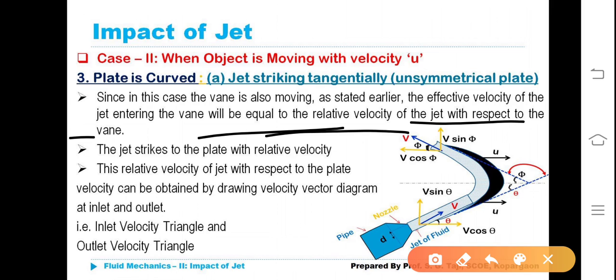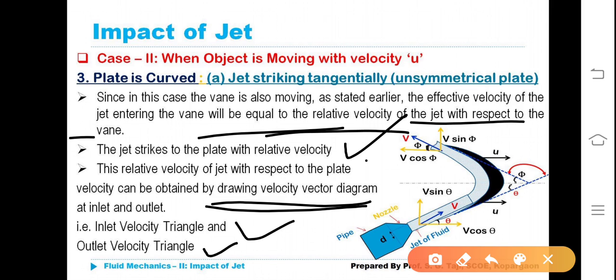The jet strikes the plate with relative velocity. This effective velocity can be obtained by drawing the velocity vector diagram at inlet and outlet, that is the inlet velocity triangle and outlet velocity triangle. Is it clear? Inlet velocity triangle is clearly written here, and the outlet velocity triangle.